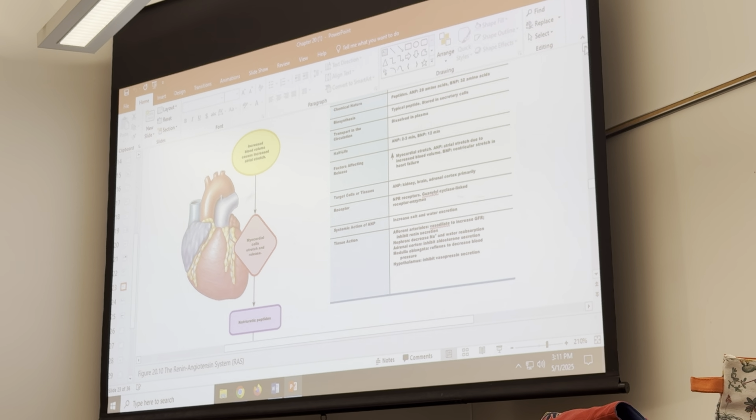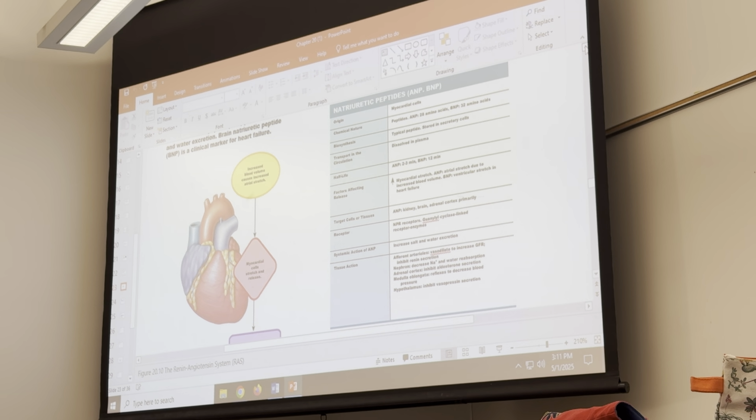Specifically, they're very sensitive to stretch. The key stimulant for ANP and BNP, and as I said, now there is another one, is myocardial stretch, which of course happens a lot during high blood pressure, right?